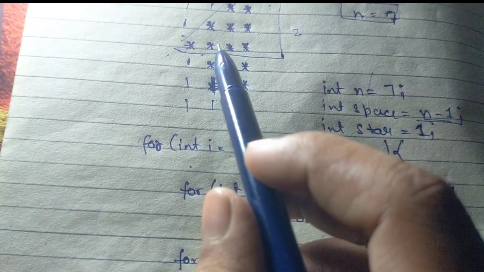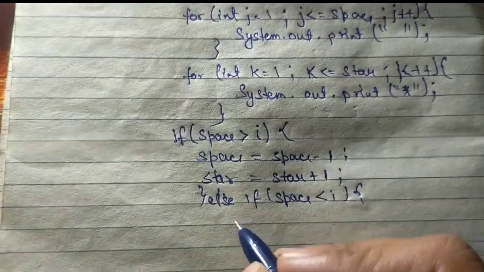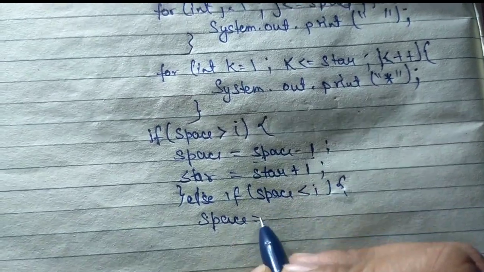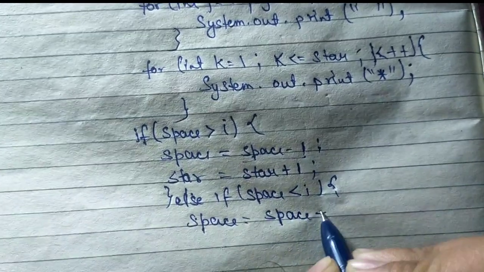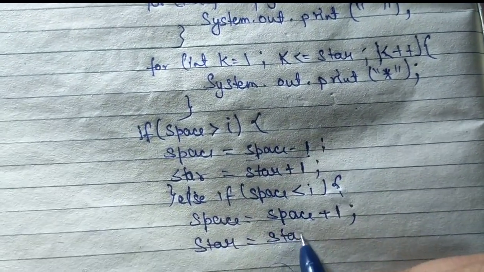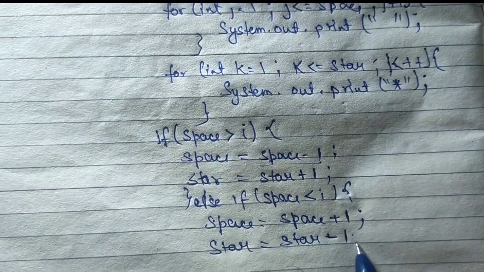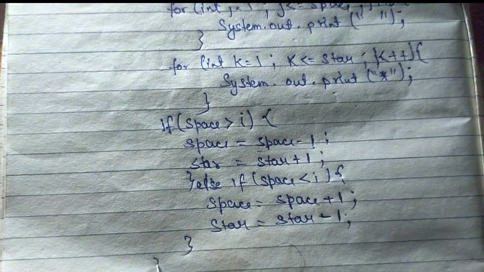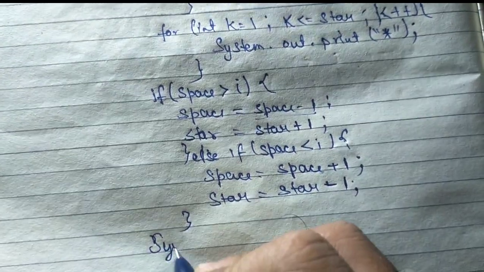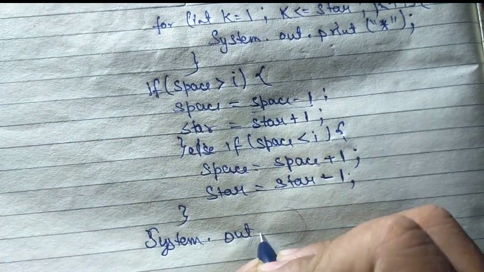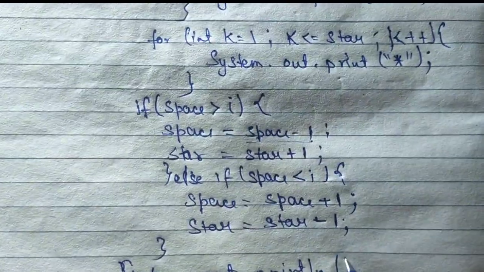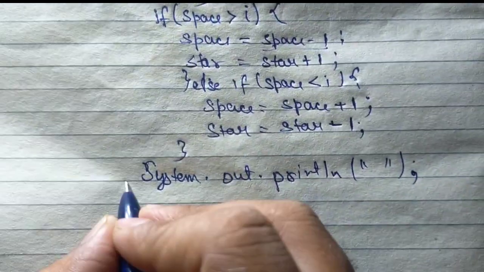So space will increase and star will decrease. As above, we decreased the space, but in this part our space will increase by 1 and our star will decrease by 1. After that we simply do system dot out dot println. Then close the loop.